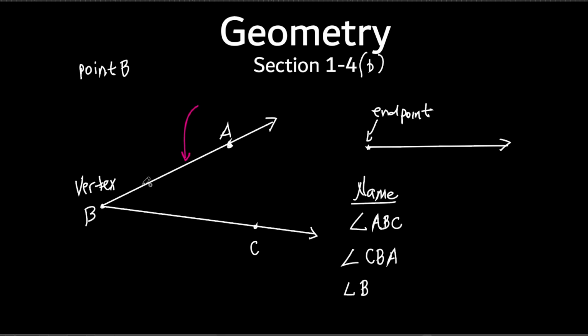But this ray right here is called the side of the angle. Because there's two rays, there's how many sides to an angle? There's two sides. So this is also a side of an angle. And if I asked you to name one of the sides of the angle, what would you name this side right here? There's only one way to name this one. Now, I couldn't say side A. Remember, it's a vertex, okay?